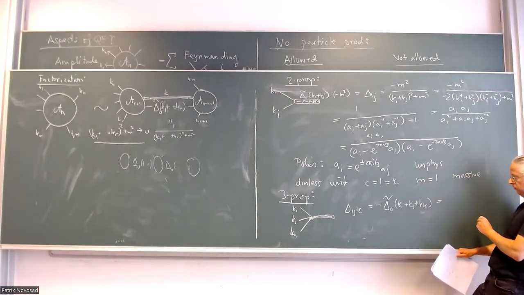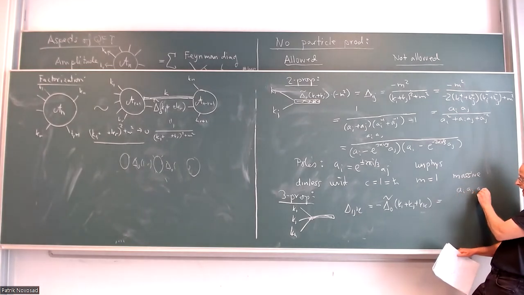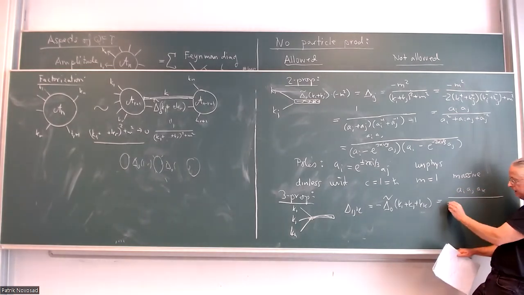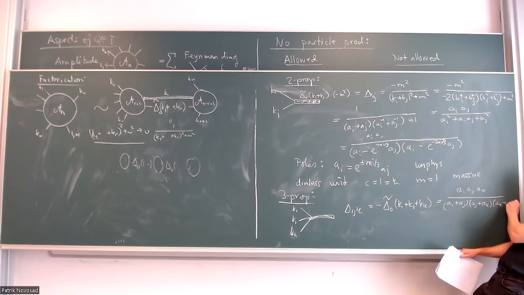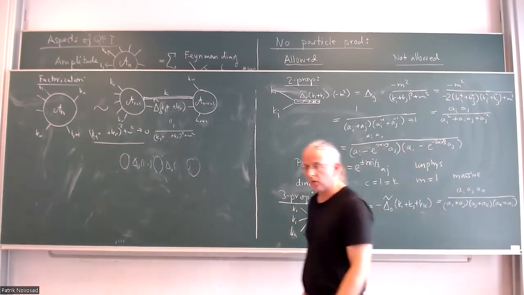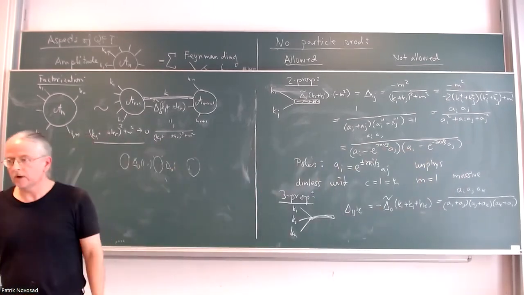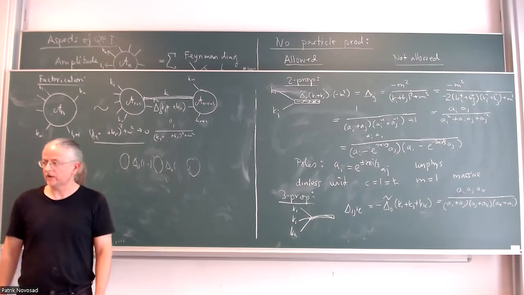The result is beautiful. It turns out to just be a_i a_j a_k divided by (a_i plus a_j)(a_j plus a_k)(a_k plus a_i). Very beautiful formula. So what are the singularities?